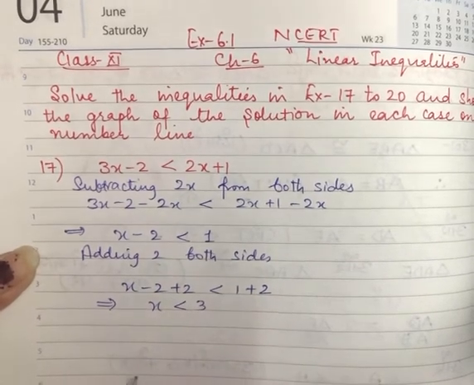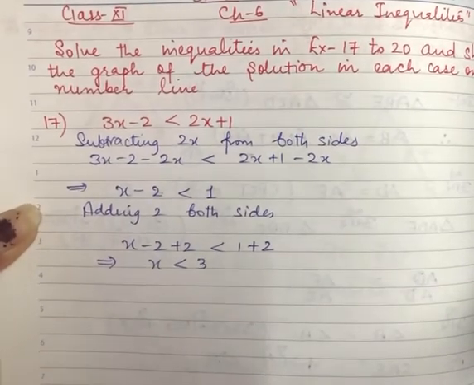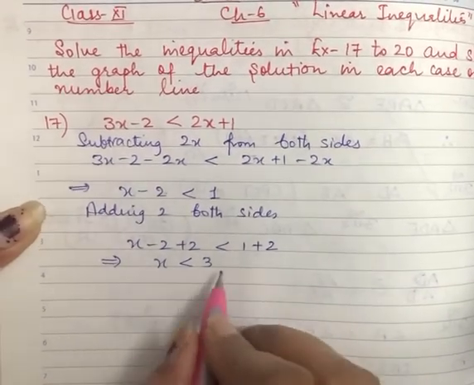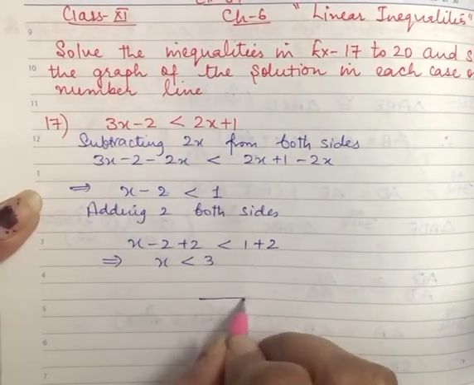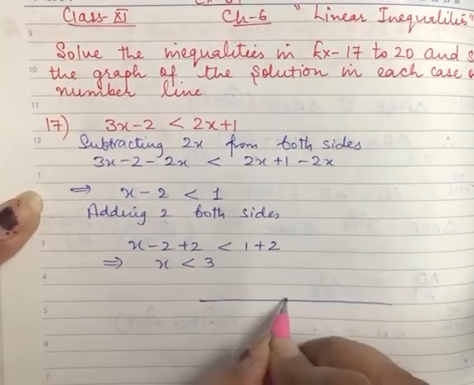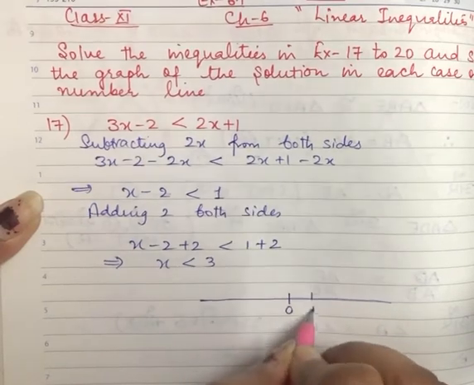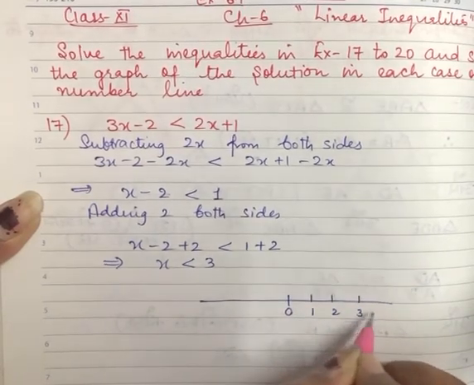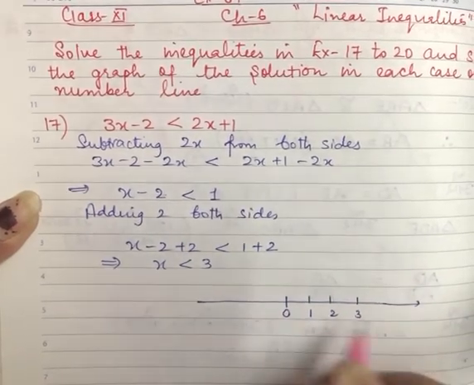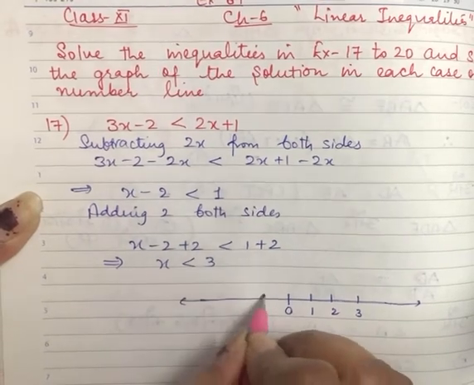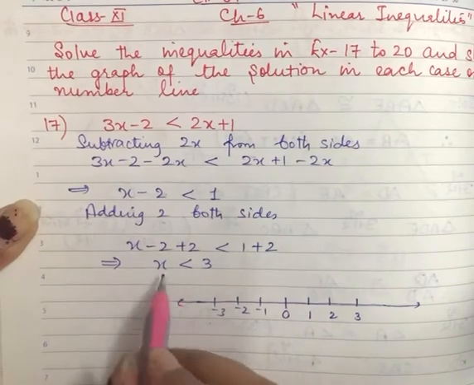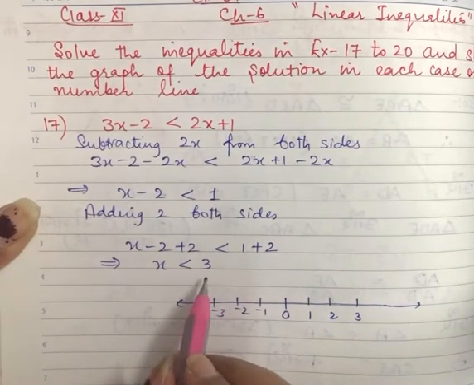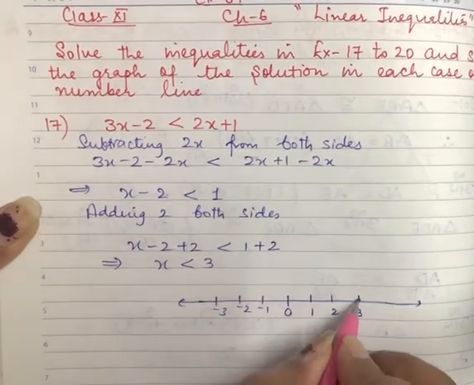Now on number line, how we can show it on number line? First of all we draw the number line, and here also minus 1, minus 2, minus 3 and so on. So x is less than 3. So that means here is 3.